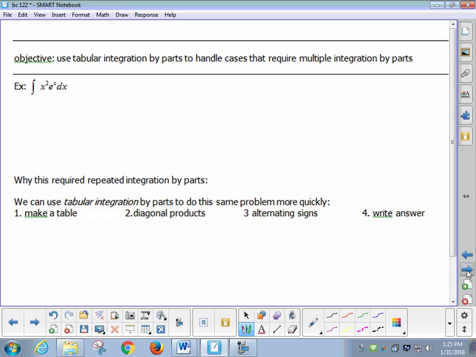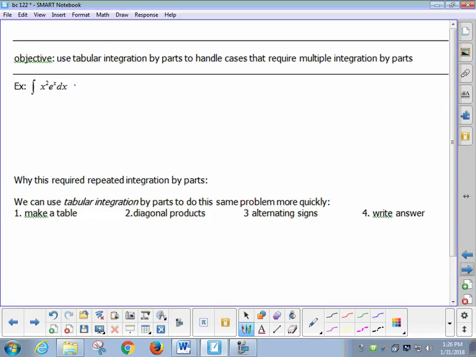Now, that gets pretty tedious, and there's a kind of a gimmick. It's not really a gimmick, it's just notation-wise. Makes it really easy, and you can integrate this problem in maybe 1/4 of the time, okay? So to appreciate where the shortcut comes from, I need the long way to look at so you can see why the shortcut does what it does.